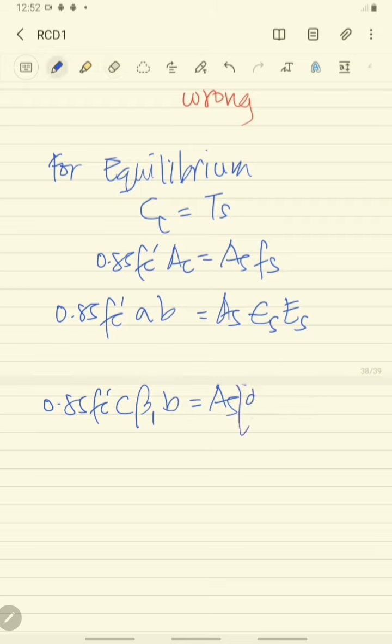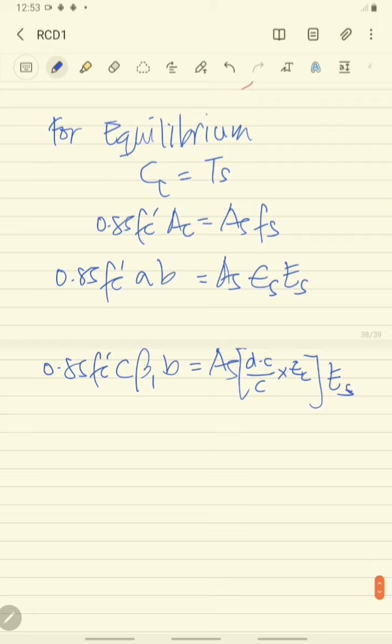So we have d minus c over c times 0.003, that is the maximum strain of the concrete, times Es. Or we can have this formula again, times Ec, then Es.